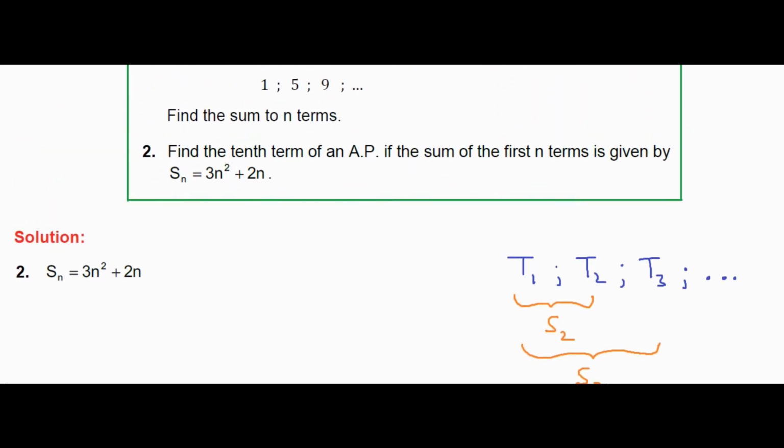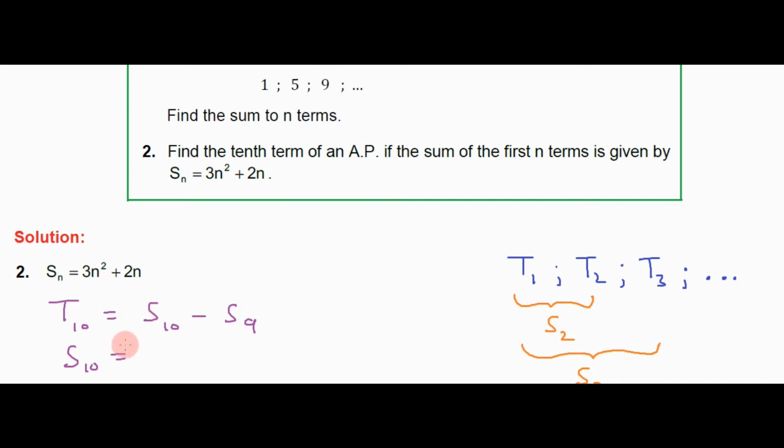So in this case, we must find the value of the 10th term. So T sub 10 will be given by S sub 10 minus S sub 9. And we can get S sub 10 by plugging in 10 for n in this equation.